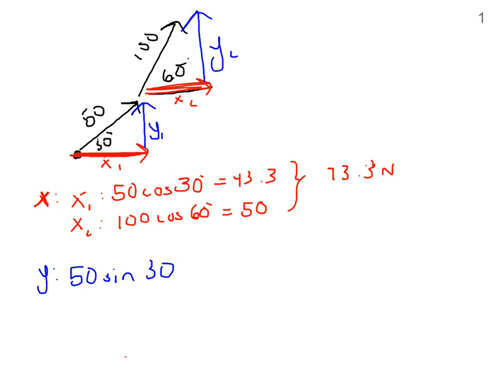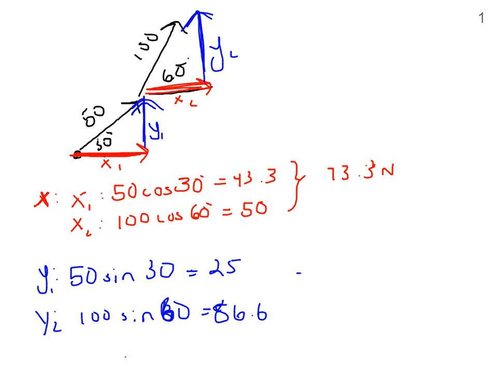And then I'll have y2, which is going to be 100 sine 60. Sorry, that should be 60. 50 sine 30 is 25. 100 sine 60 is 86.6. Again, they're both pointing upwards, so they're in the same direction, so I can add those two things together, and I get 111.6 newtons.